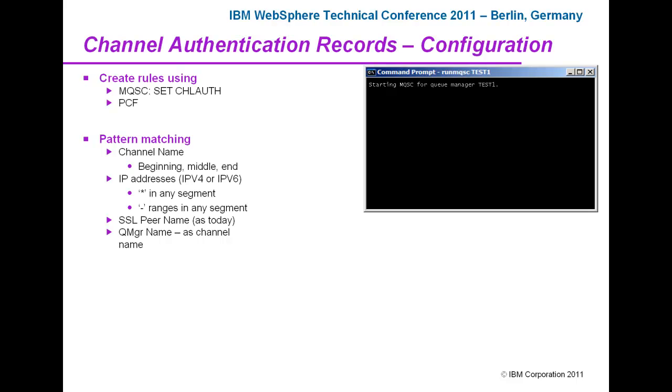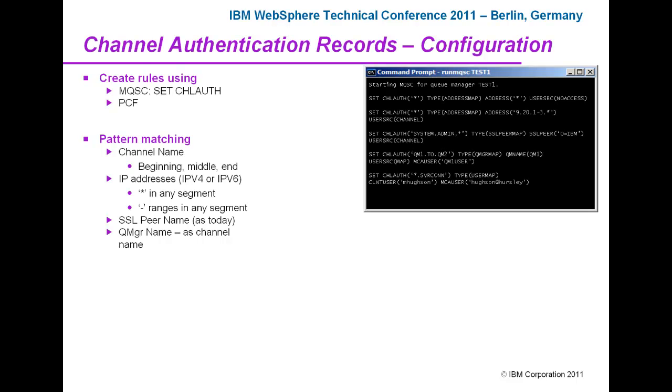IP addresses, both IPv4 or IPv6, you can put an asterisk in any segment, so between the dots or the colons, and you can put a range in any segment, so number dash number. SSL peer name matching is as today, although we'll see later that there are a number of additional fields. And we'll show you some examples.